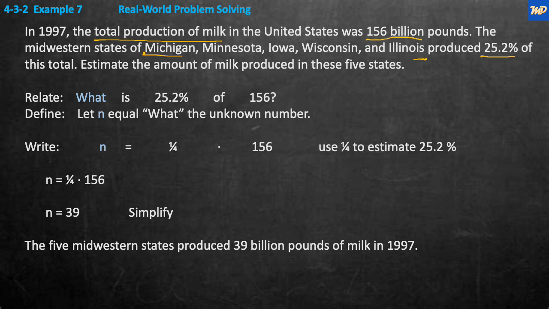So we'll let N, the number, be 25% of 156. They want to know what piece the 5 states produce.